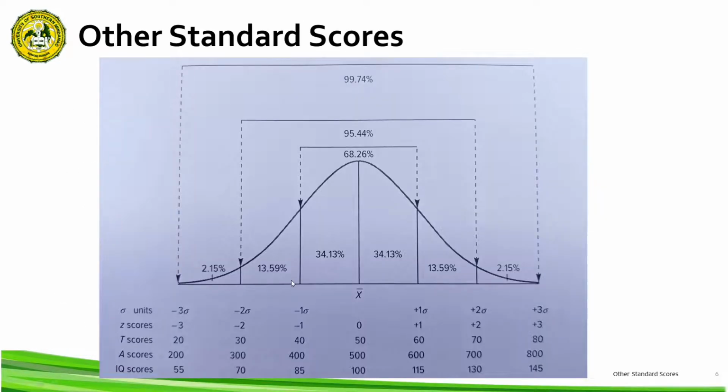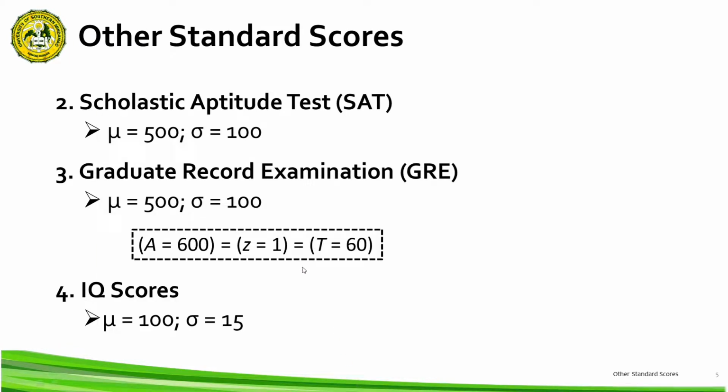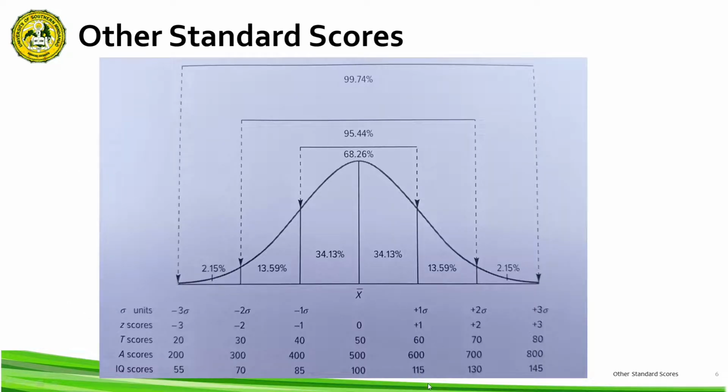In this figure, we can see the corresponding equivalent or relationship of Z scores, T scores, and IQ scores, as well as the A scores representing the SAT and the GRE. Remember this expression. We can see this in this area of the standard normal curve.